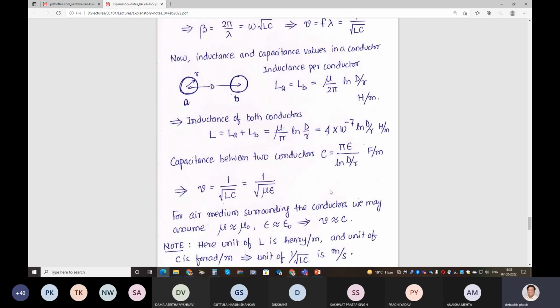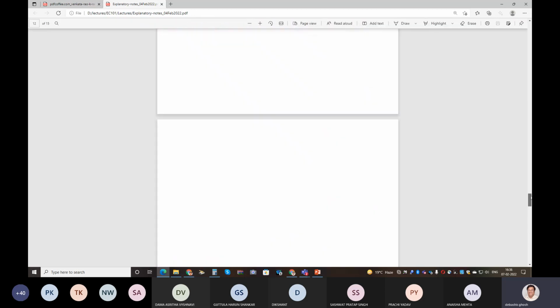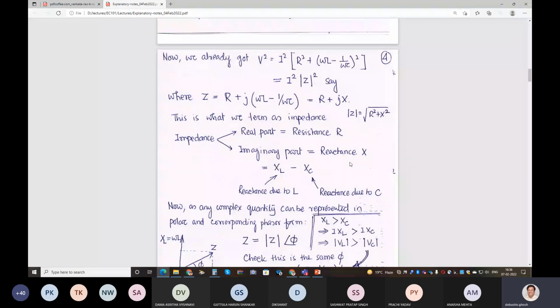One thing: somewhere in these notes I have given that the unit of 1 by root over LC is hertz. I said that root over LC is in seconds. Just don't get confused with that.